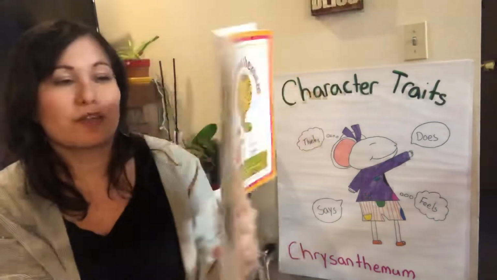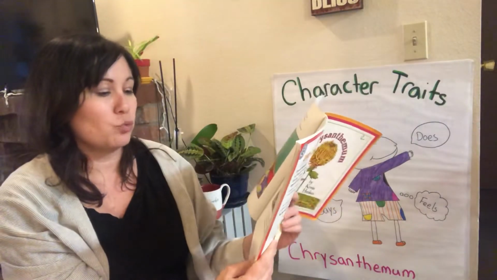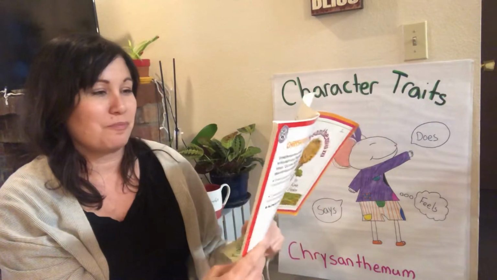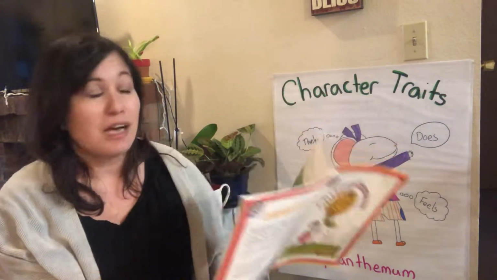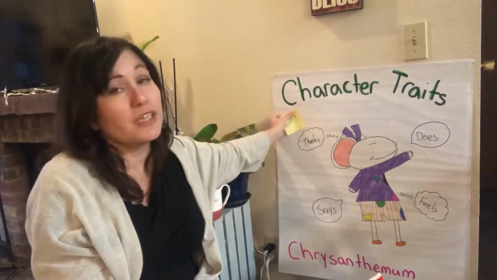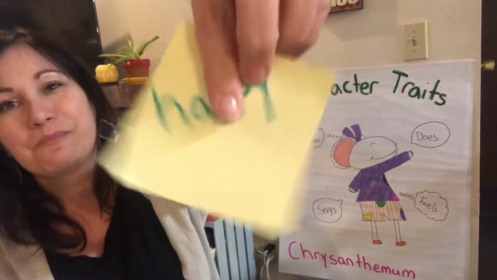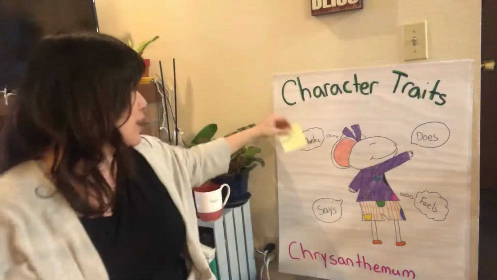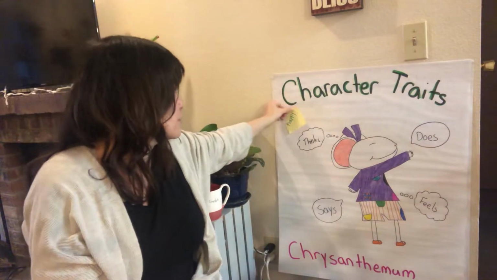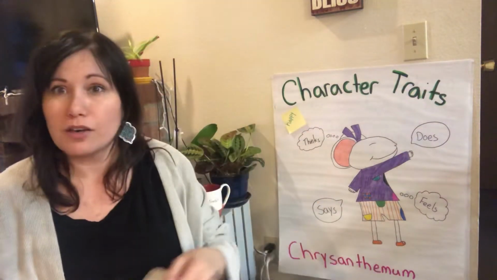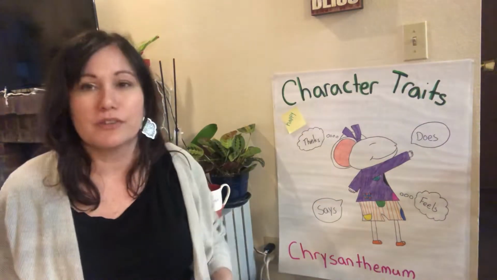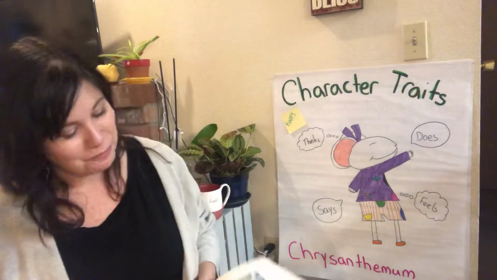If you take a look at Chrysanthemum in all of these pictures, one thing is the same. She looks happy. I would say that one character trait that describes Chrysanthemum, can you see that? Is happy. She's a happy child. Born into all that love, her parents think she's perfect. She'd have to be happy.